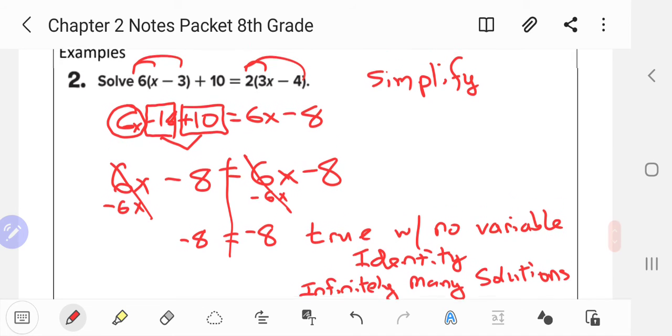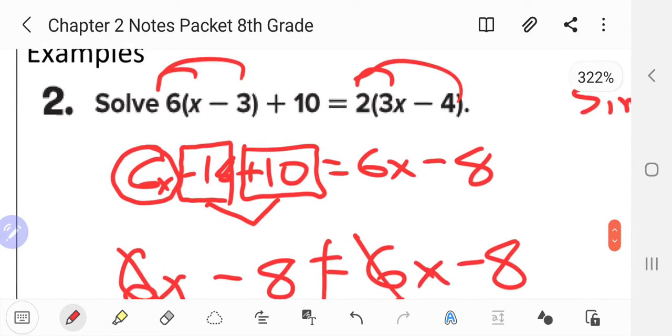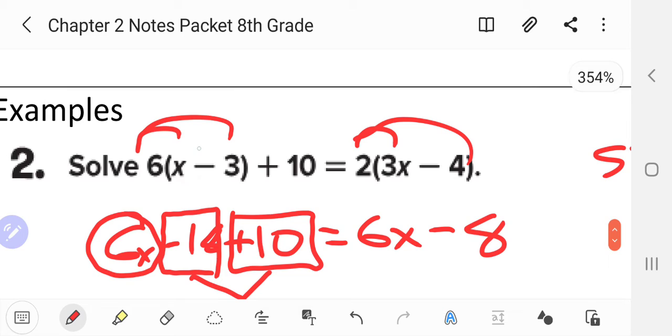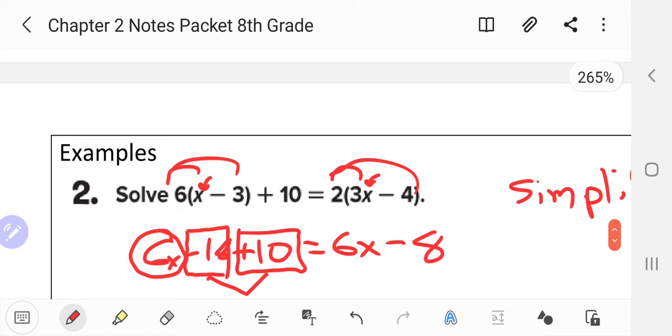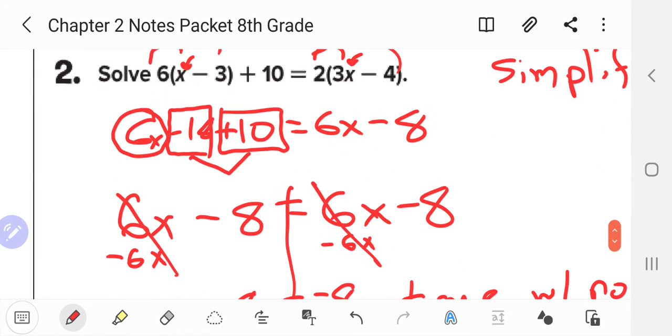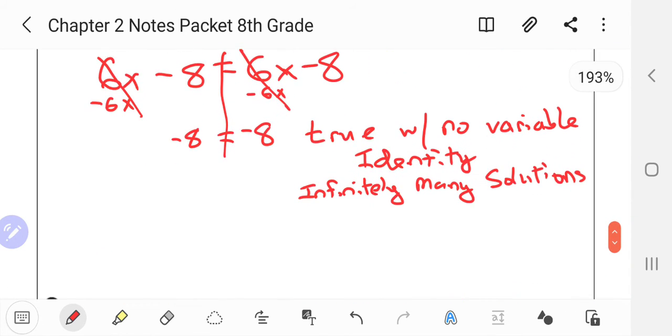So if I look at this and I put a 2 in for the x and a 2 in for that x, it's going to pump out the same exact number if I simplify on the left side of the equal sign as it does on the right side of the equal sign. And if I plug in a 3, you're going to get matching numbers on the left and the right eventually once you simplify. All right? Any number you plug in for x is going to make this true. There's not just one solution like normally there is.